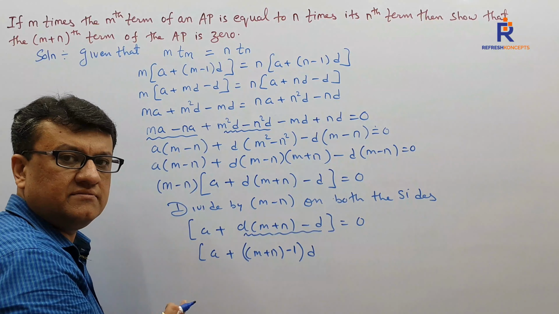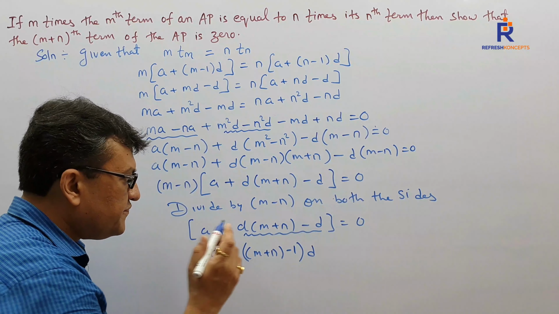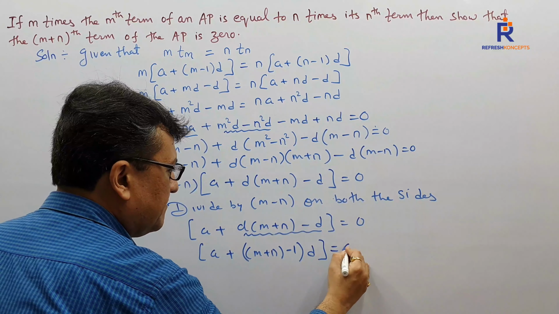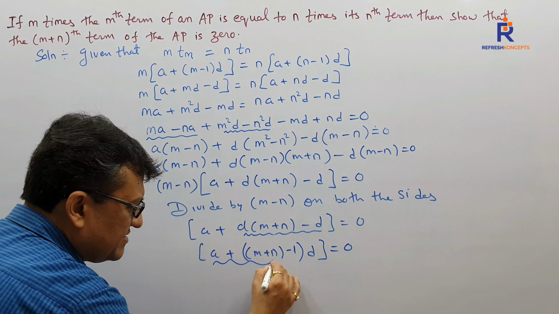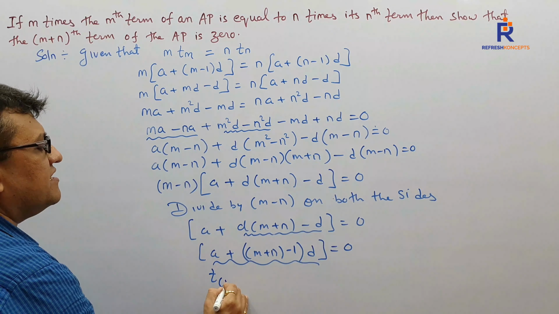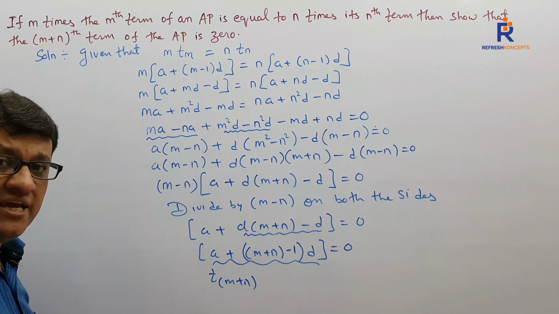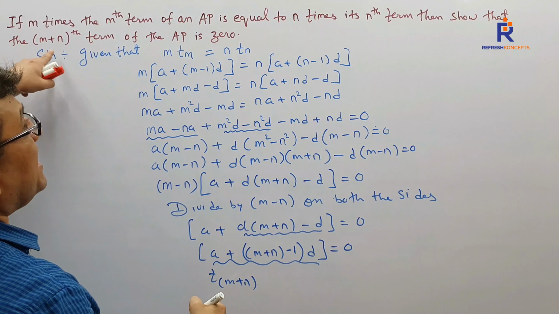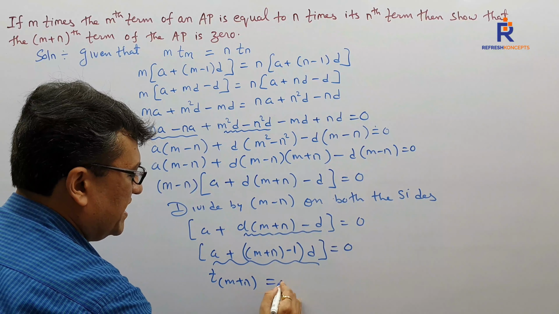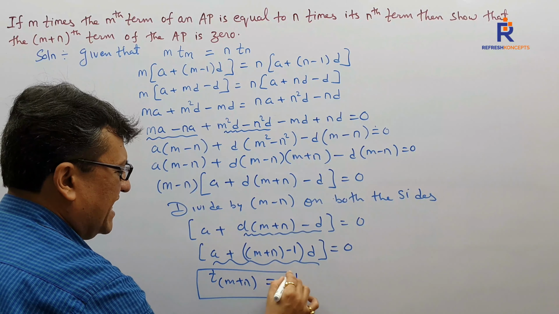Are you getting me? And this is nothing but t m plus n. This value is nothing but t m plus n. t m plus n is equals to 0. We are done.